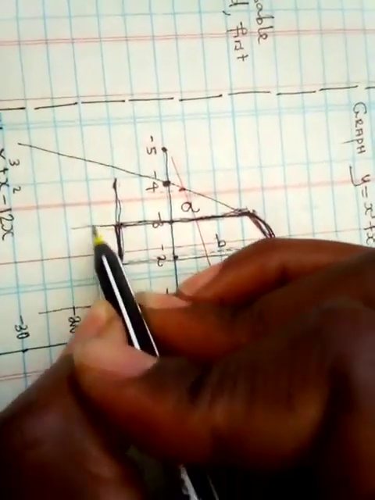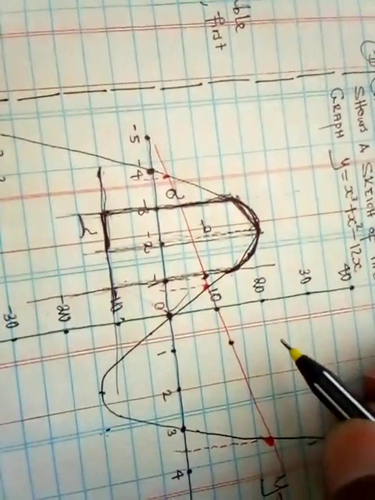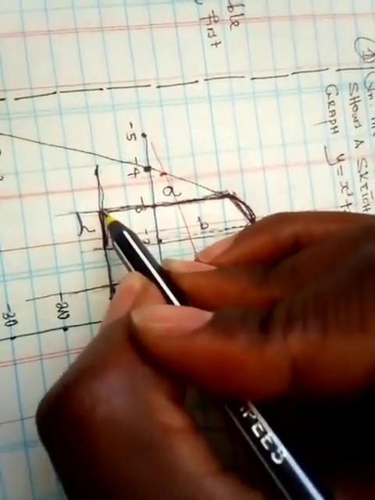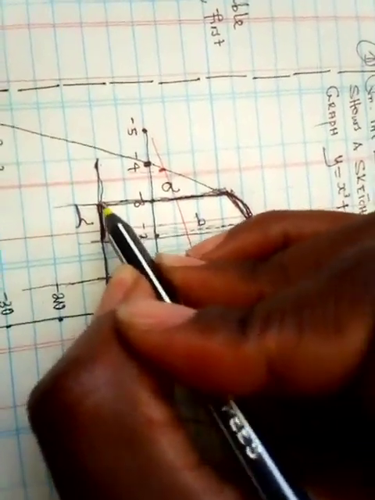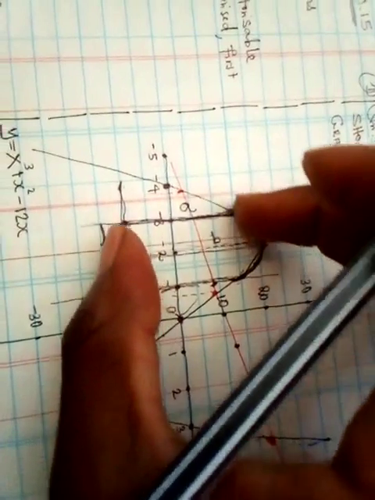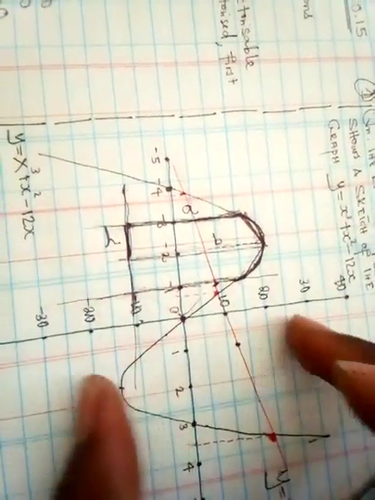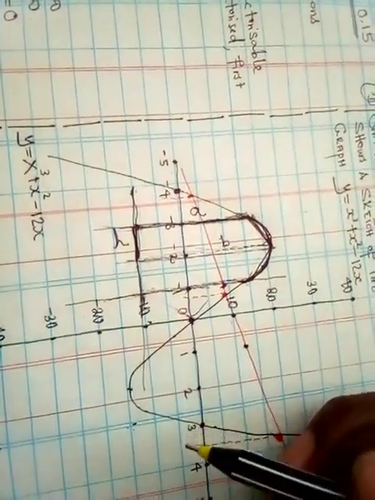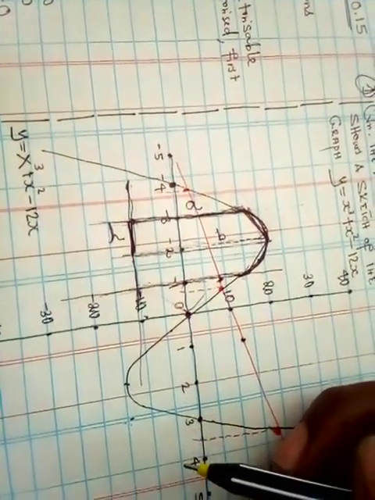Our h, our height, is going to be that way. Okay? So let us see how we can determine our a value. Our a is starting, so let this be reflected in the y-axis. So assume all values to be positive in this problem, because area doesn't come out negative.